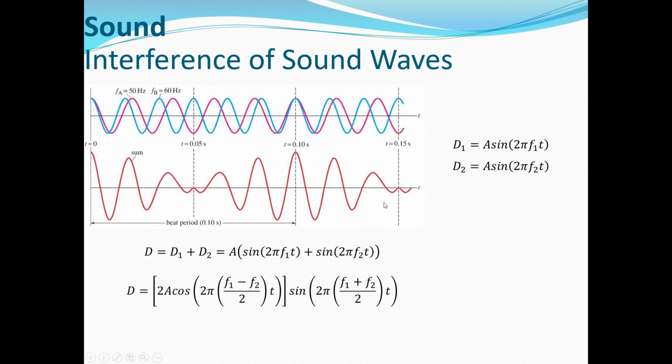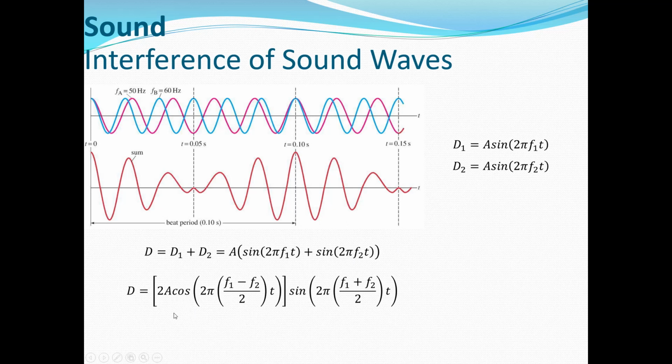So if we're looking at the equation for the combination of the two sound waves, it would look like this. You just take the equation for one wave, add it to the equation for the second wave, and then we can actually combine this together using a trig function to get this.